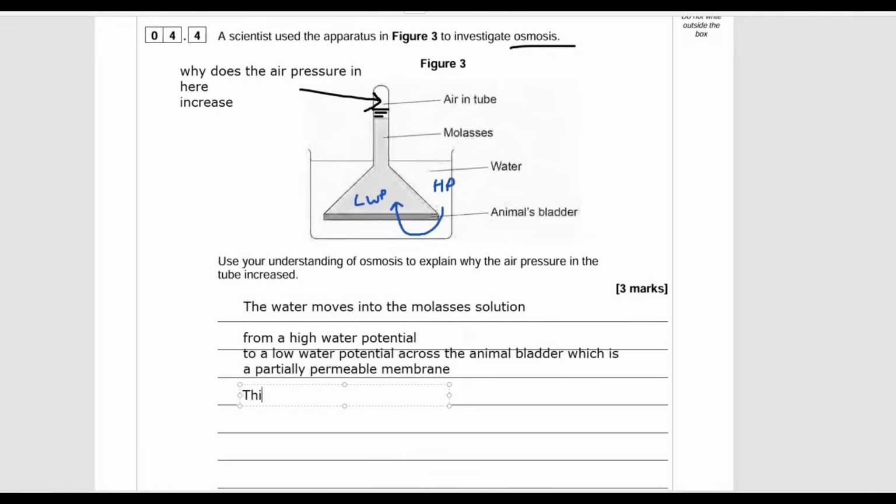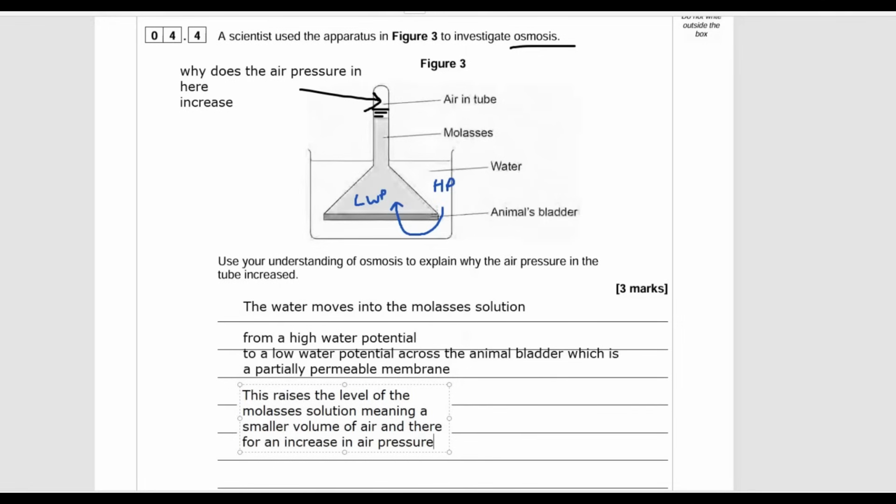So this raises the level of the molasses solution, meaning a smaller volume of air and therefore an increase in air pressure. Okay, so it decreases the volume at which the air is there, compresses the air, we get a higher air pressure. Okay, bish, bash, bosh.